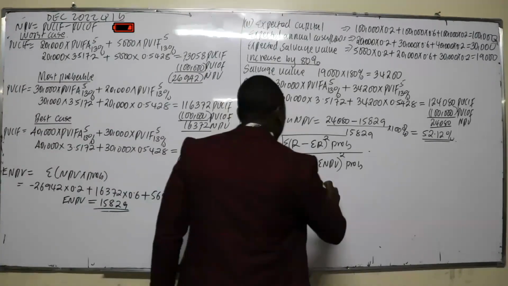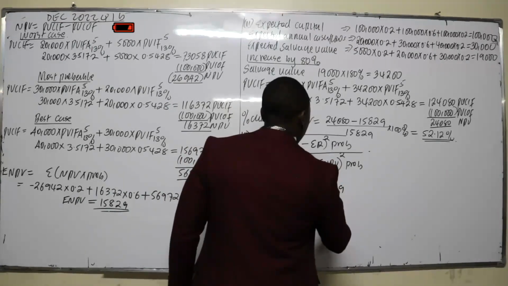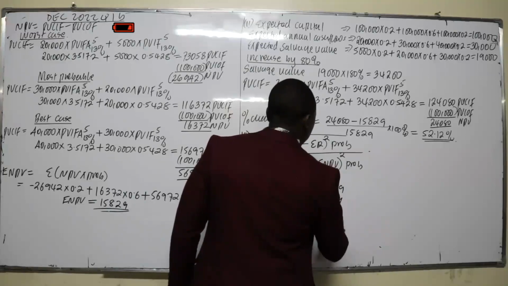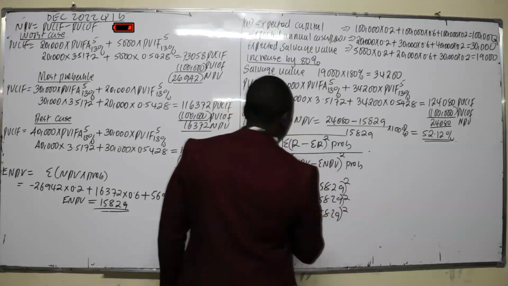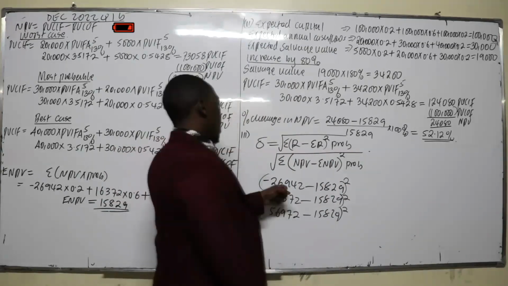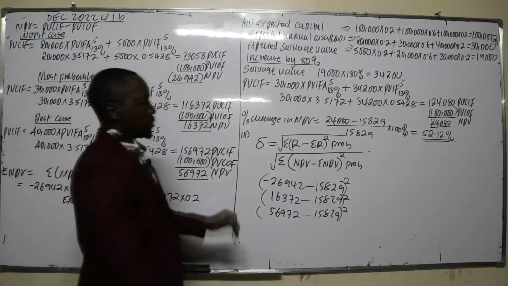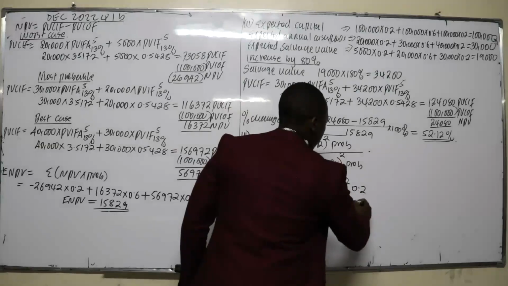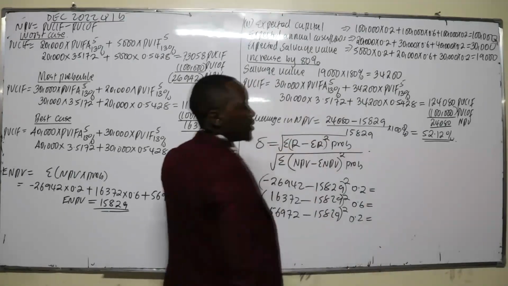Yeah, it was 15,829. And then you square to eliminate any negative that might exist. Then the probability. What's the probability of the worst case scenario? 0.2. The other one was 0.6, and 0.2.